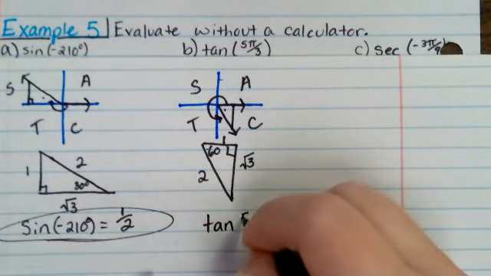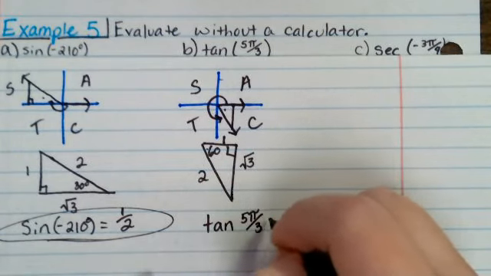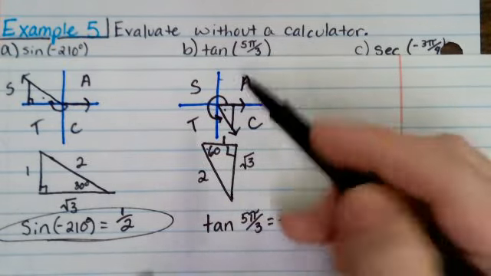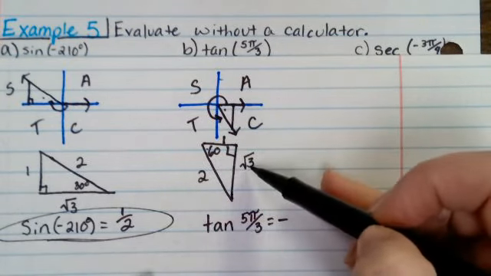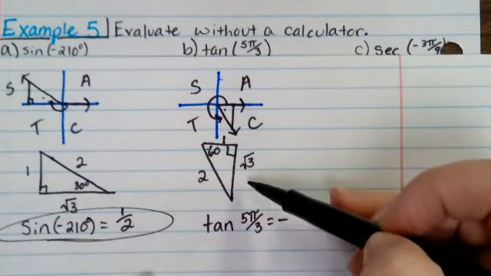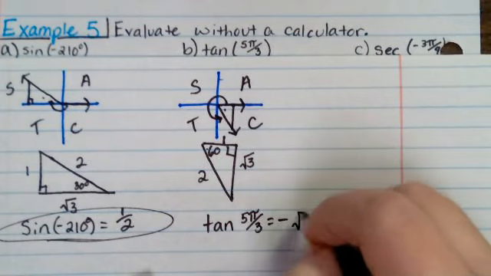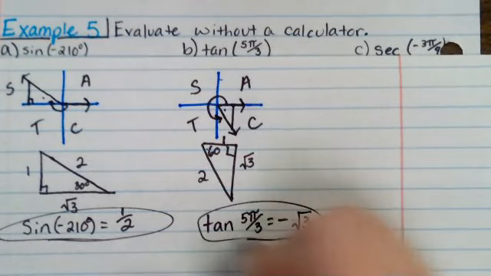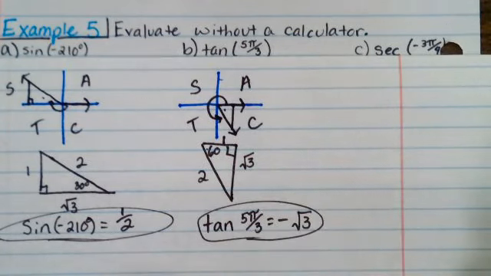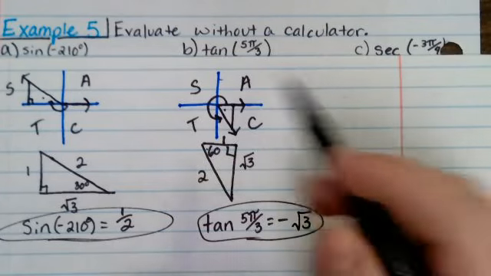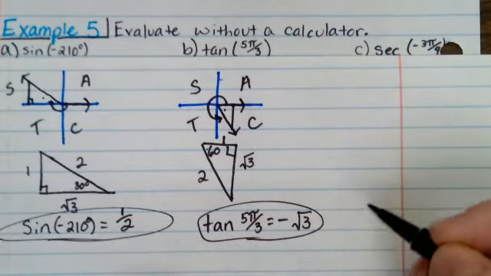So tangent of 5 pi over 3 is going to be negative. And then we want opposite over adjacent, square root 3 over 1, which is just square root of 3. Ta-da! So again, my pictures here are my work.